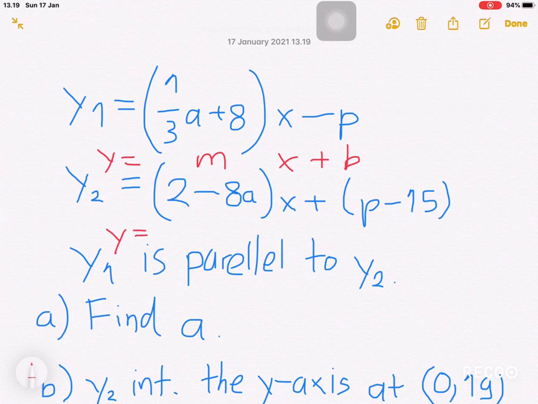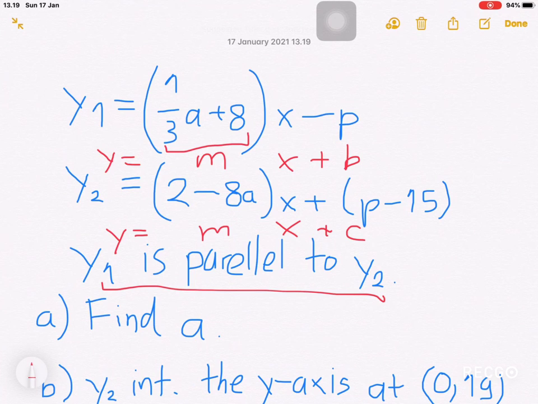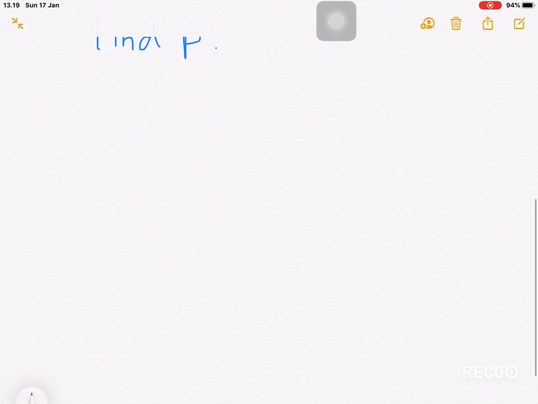Now I'll just write another one right here, but since we already used b, we'll just use c. And notice since y1 is parallel to y2, therefore the slopes must be equal to each other. So we can just set up an equation in terms of a.